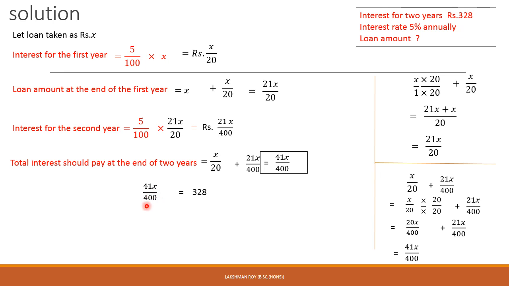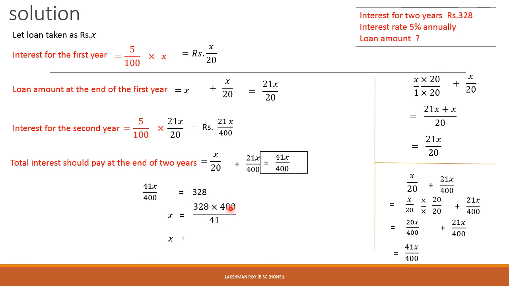Bring 400 to the other side, that is multiplied there. 41 is multiplied, so you divide by it, then you get x as the subject. So x is 328 multiplied by 400 and divided by 41. Now you can cancel 328 by 41, which is 8.